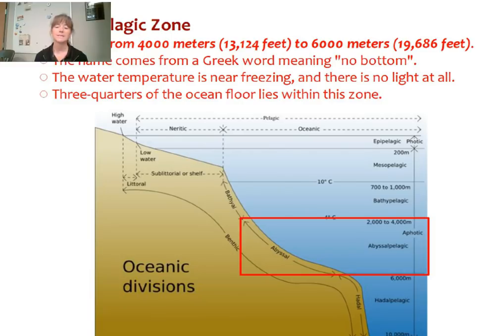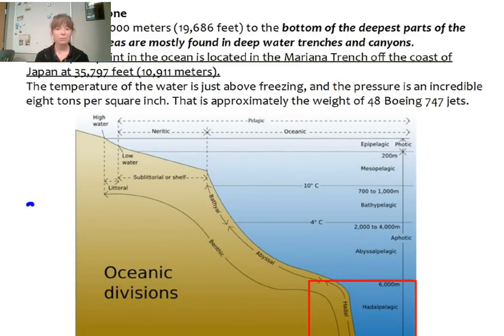The only part that's deeper than this is the Hadal zone, which is only in deep ocean trenches or underwater canyons like we talked about. Again, more pressure in this zone than we had previously. And then now we're in the last zone, which is the Hadal zone. This is extending past 20,000 feet deep and deeper.